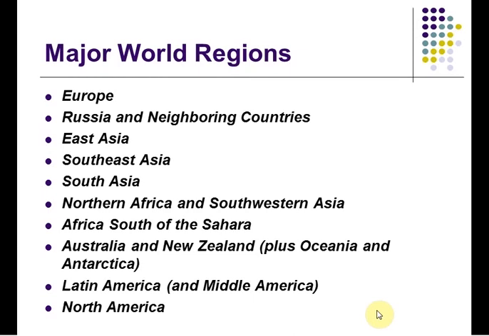Some textbooks will break down these regions so that Australia and New Zealand are one region because of their former relationship as a British colony, but then Oceania and Antarctica, which is not regularly inhabited by humans, except for scientists, becomes its own separate thing. But there's different ways of thinking about it.